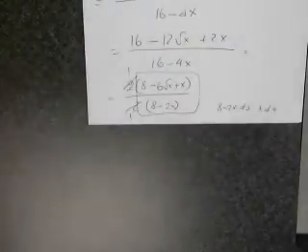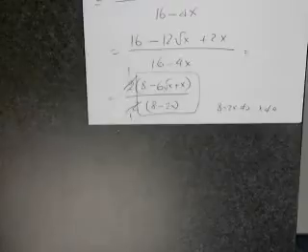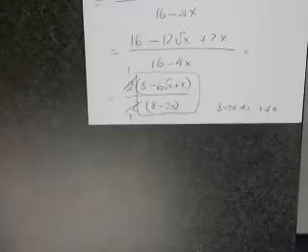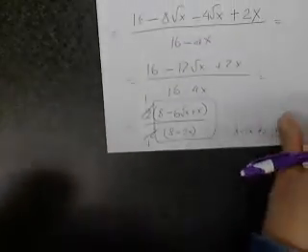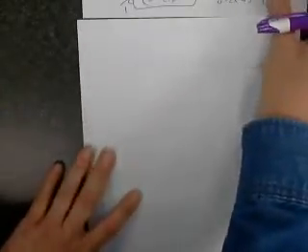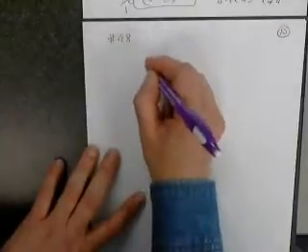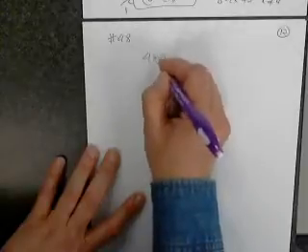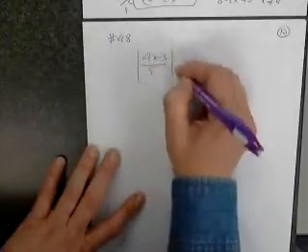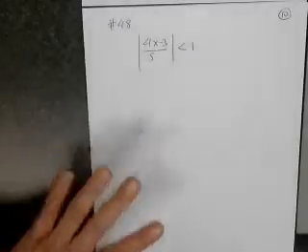Page 583. Problem 48. Four x minus 3 over 5 less than 1.